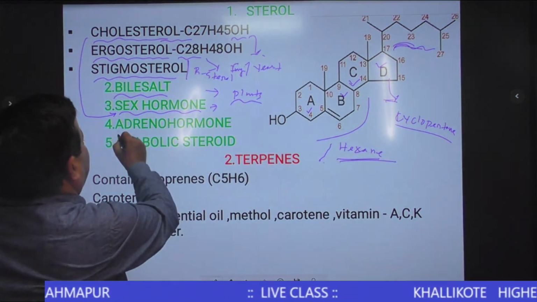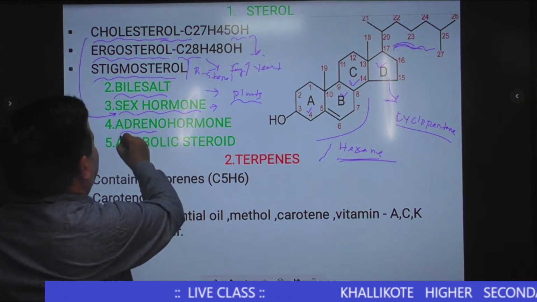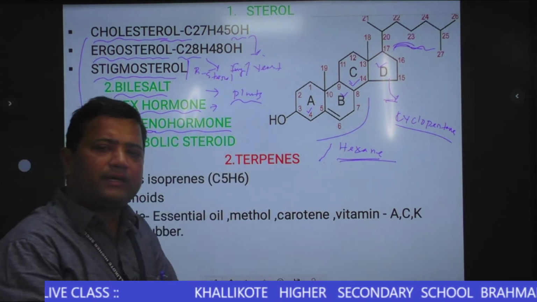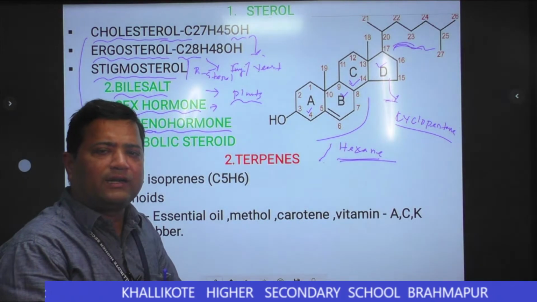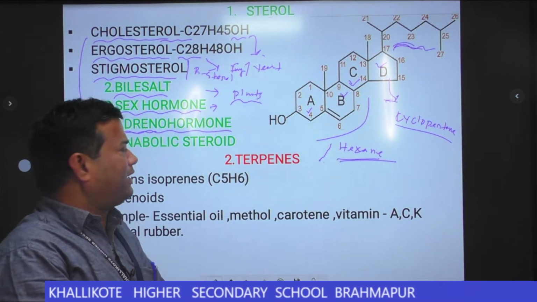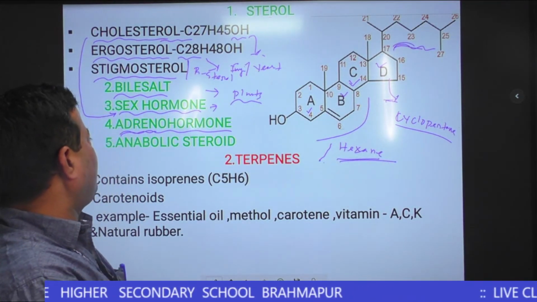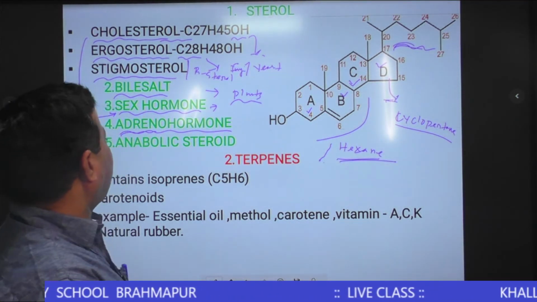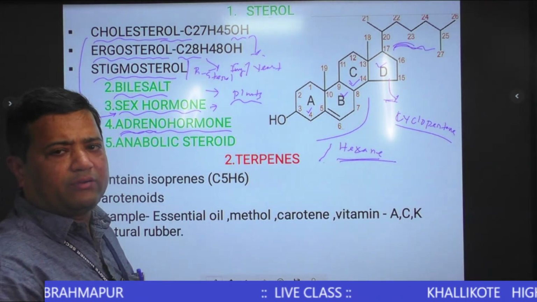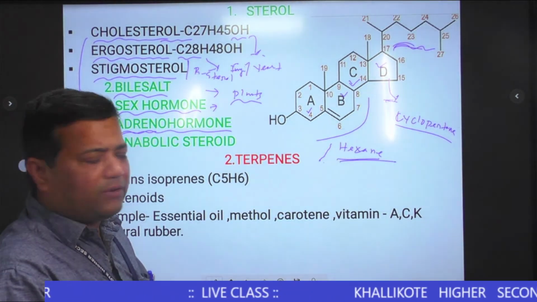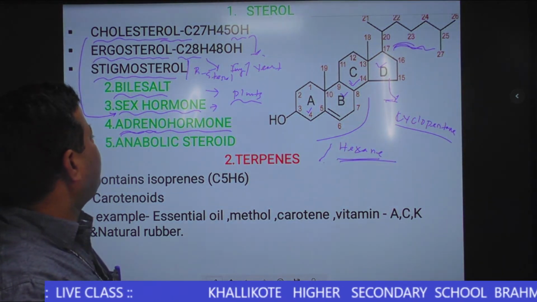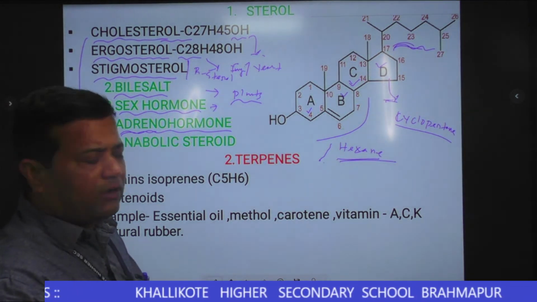Then another is adrenal hormones, which are secreted from the adrenal gland, like cortisone and mineralocorticoids. They are steroid hormones, and cholesterol is their precursor.